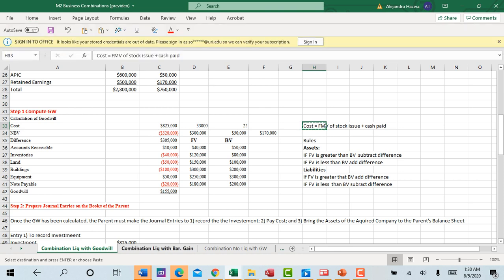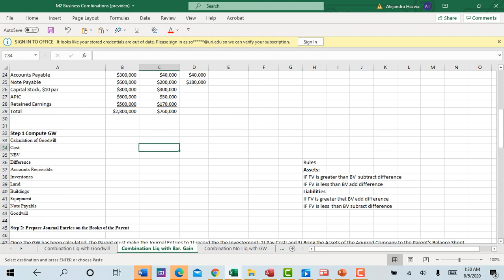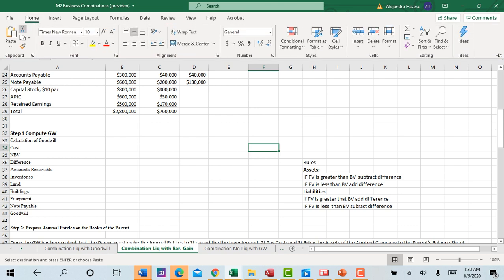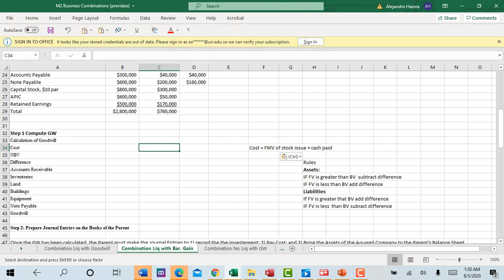So we'll put the cost rule out here. The cost here is only $625,000 cash paid. The fact that it goes down is not a coincidence.